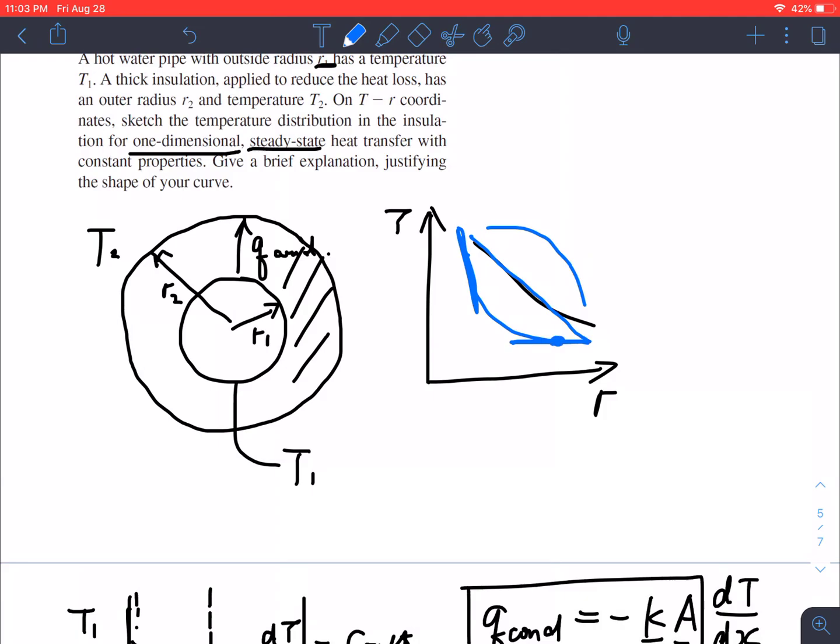So at a larger R, the slope is shallow. At a smaller R, the slope is steep. Then this case is correct. It curves downward.